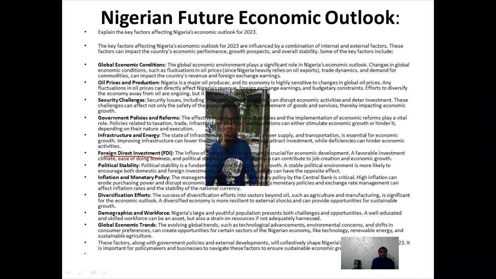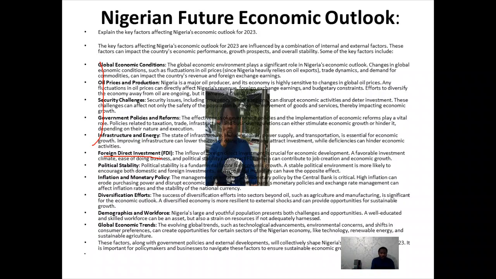If we do not have infrastructure, if there are security challenges, if government policies are not stable and the like, foreigners will not come to invest in Nigeria, right? So it will affect the economic outlook. You can talk about political stability or instability, as the case may be. All these, marshal onto your examiner in some key points and move on.